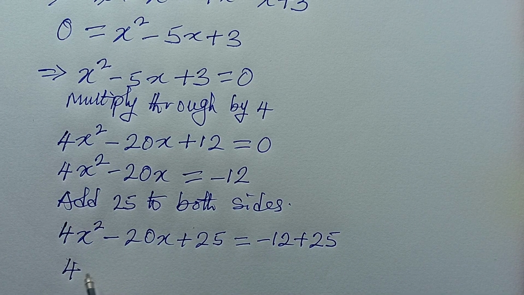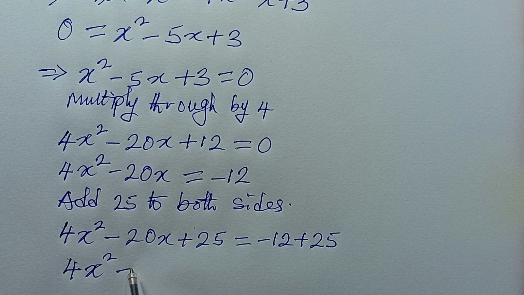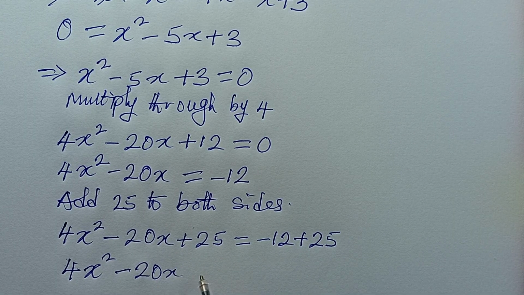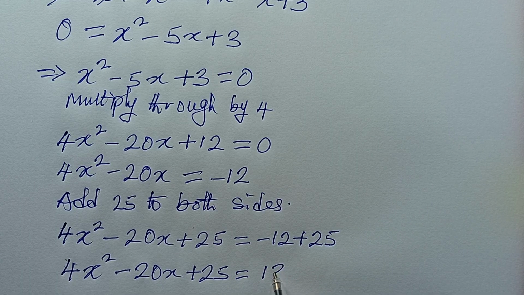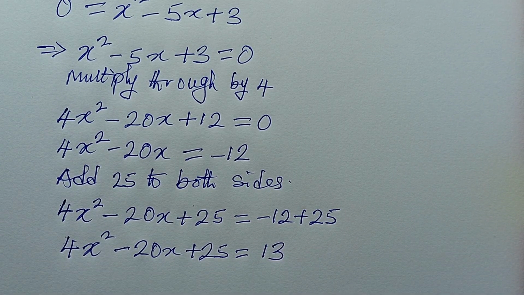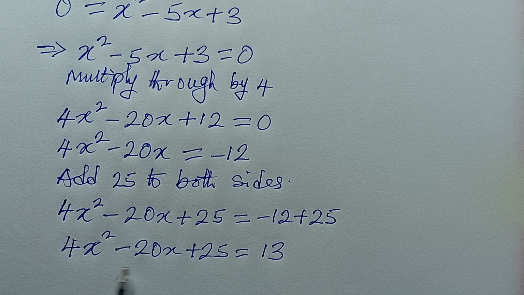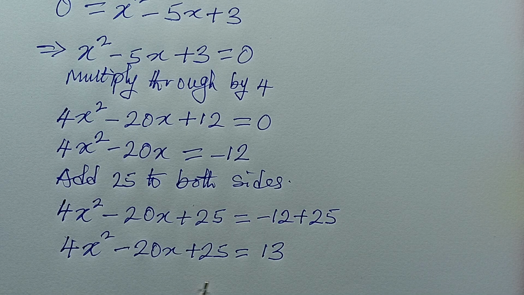So we're going to have 4x to the power of 2 minus 20x plus 25 is equal to positive 13. Right. Good. So what we do next now, if you look at the left-hand side of the equation, we just have to factorize it because this is factorizable.